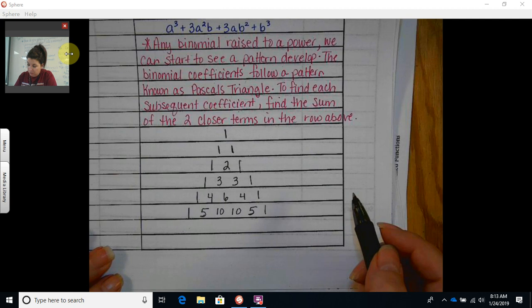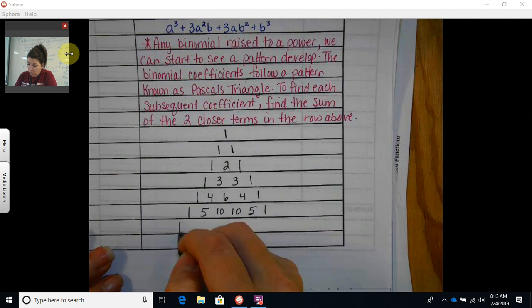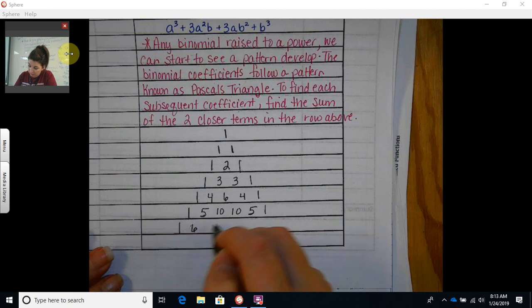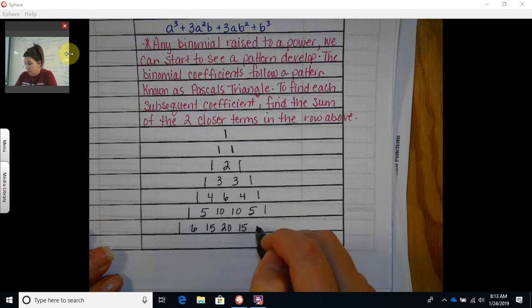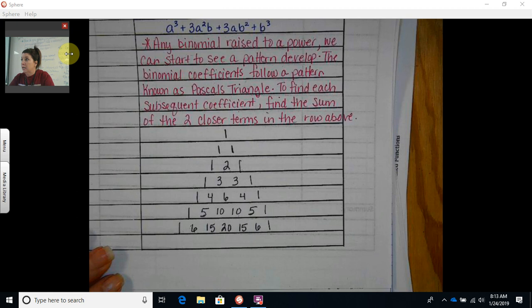The next row, start with a 1. 1 plus 5 is 6, 5 plus 10 is 15, 10 plus 10 is 20, 10 plus 5 is 15, 5 plus 1 is 6, put a 1 on the outside. And you can keep going as long as you want to go.